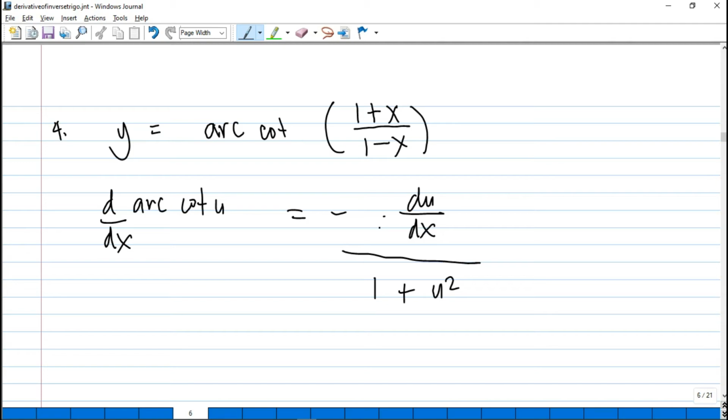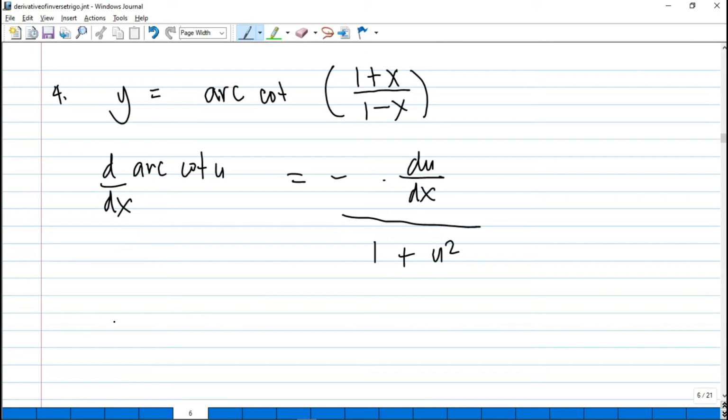So the derivative of arctangent is positive, and for arccotangent, guys, we just negate the derivative of arctangent. Okay, so that is your pattern for memorizing those formulas. We just memorize the positive ones, then for the reciprocal trigonometric function, we just make it negative.